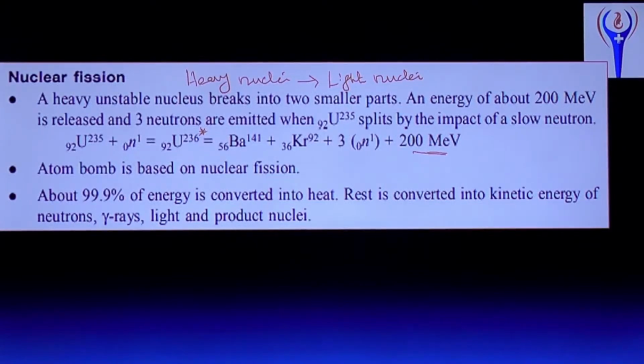About 99.9% of the energy is converted into heat, and the rest is converted into kinetic energy of neutrons, gamma rays, light rays and product nuclei. So most of the energy is emitted as heat radiation. That is the principle for the atom bomb.